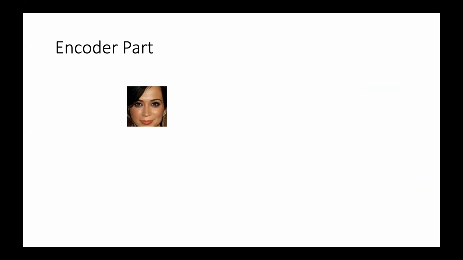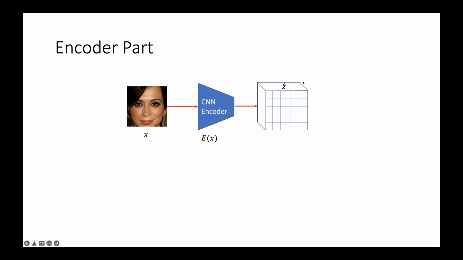So the encoder part takes the image X through a CNN encoder, which they name E of X as a function, and this produces a feature map, Z hat.